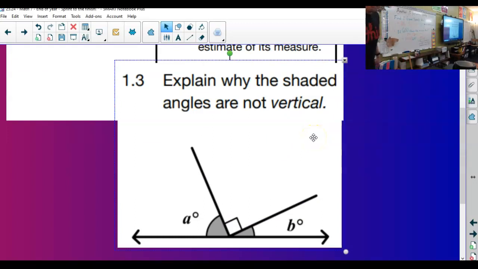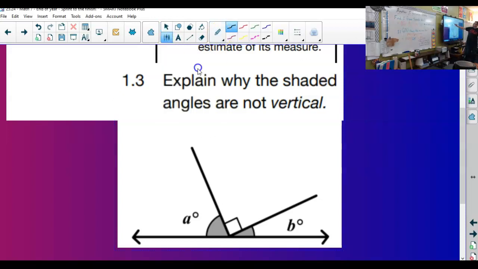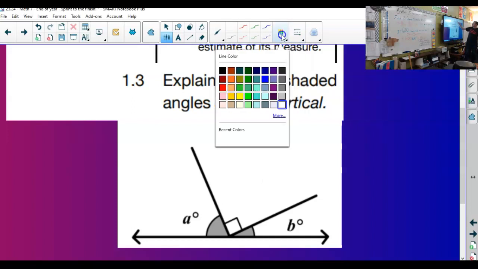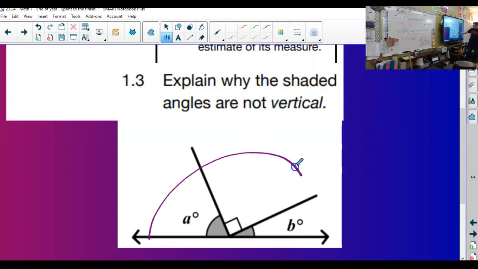So immediately notice that there's a 180 angle. Immediately, we recognize that this is 180 because it is a straight angle. What else do we immediately recognize?